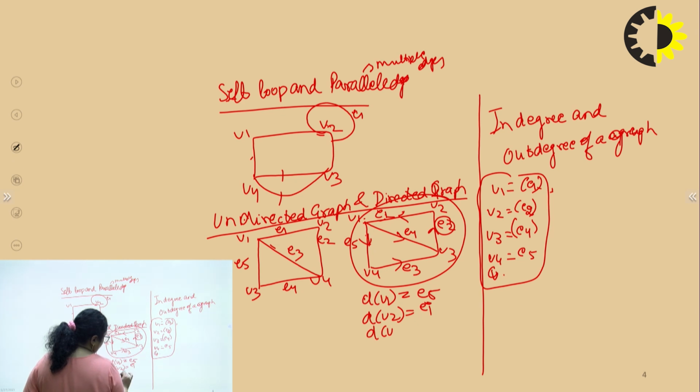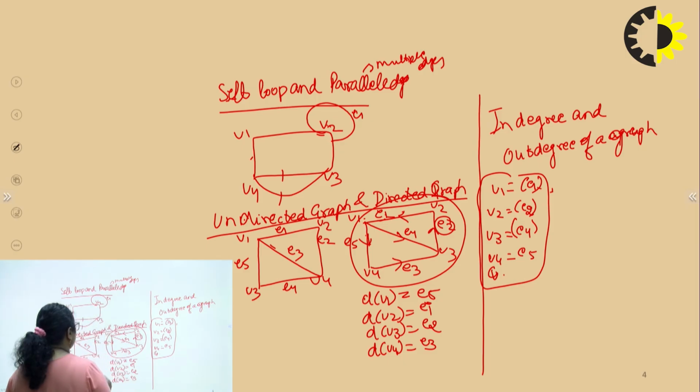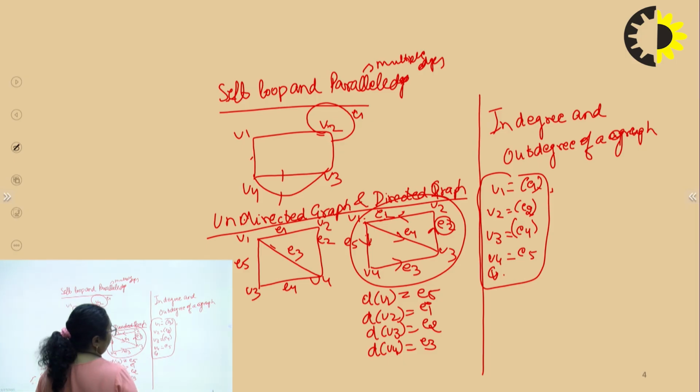Vertex V3 has E2 edge as outgoing. Vertex V4 has E3 edge as outgoing. So are you clear with the concept of in degree and out degree? In degree means edges coming inside the vertex, and out degree means edges going outside from the vertex.